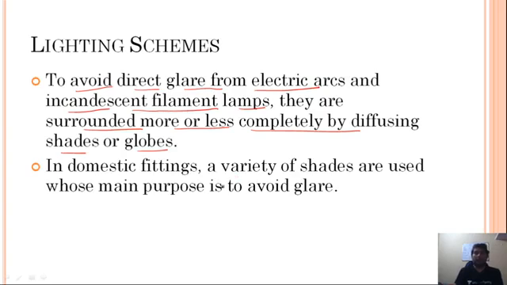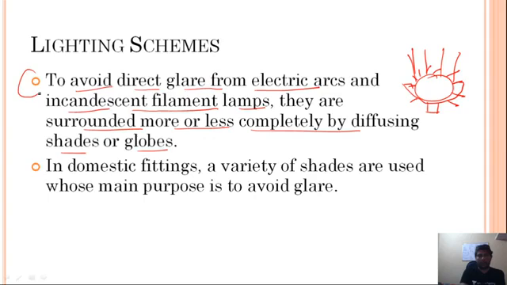Okay, so as we know, light from the source comes out in all directions, but if we want to reduce the glare and control the amount of light, we have to design or make some reflector, so the required amount of light falls on your working plane.